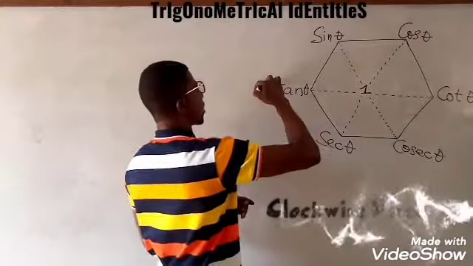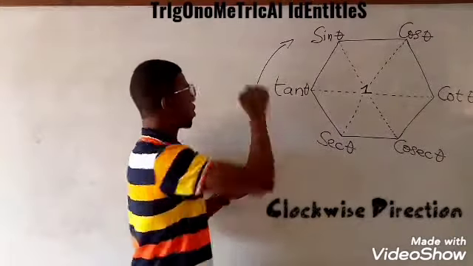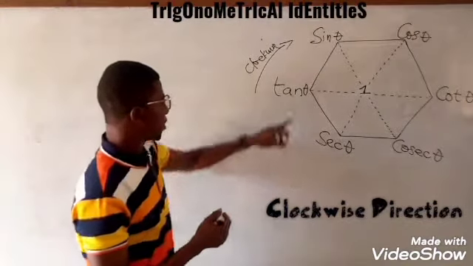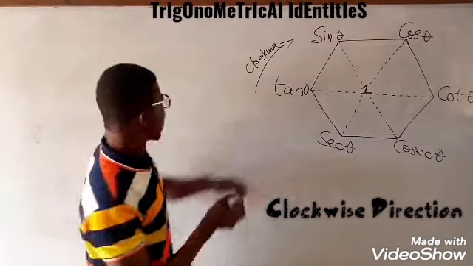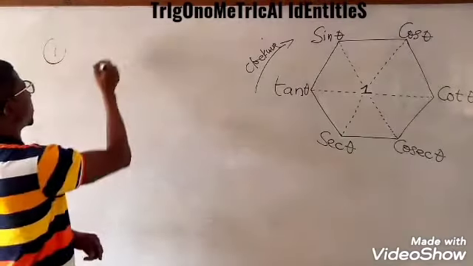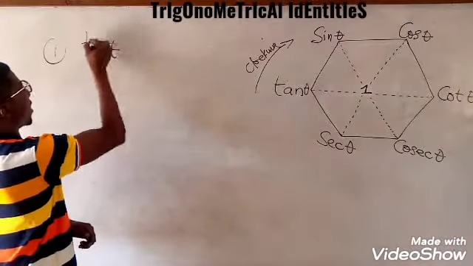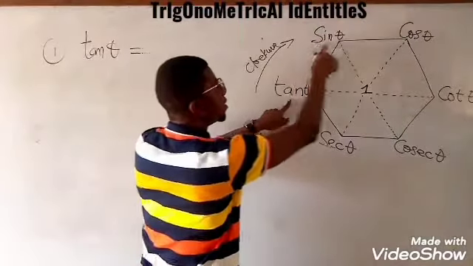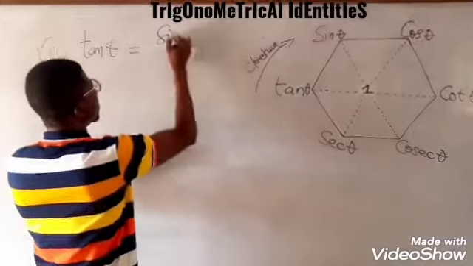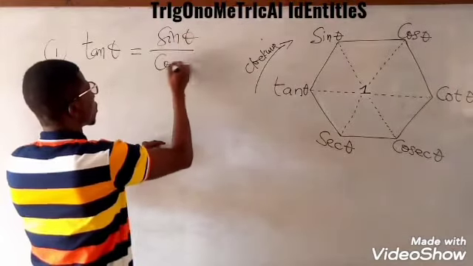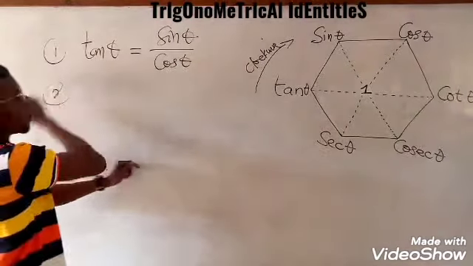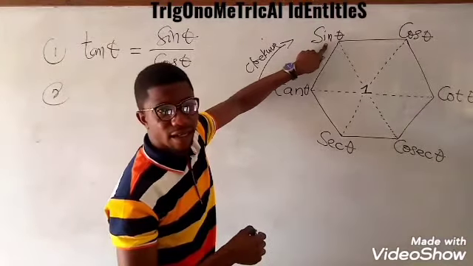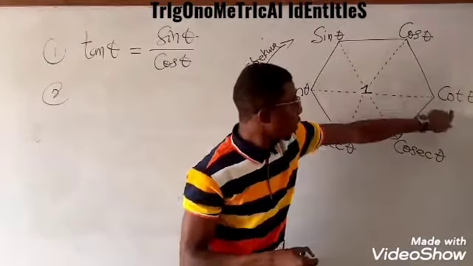Taking along the clockwise direction, we have tan theta, which is equal to sin theta divided by cos theta. So one formula has been derived. Then sin theta equals cos theta divided by cot theta.